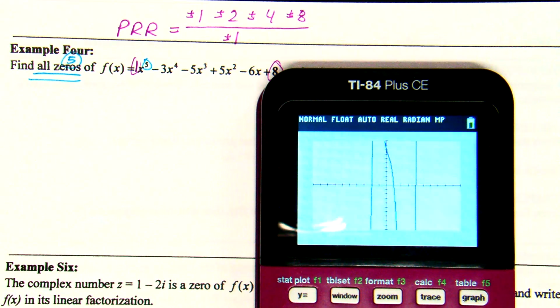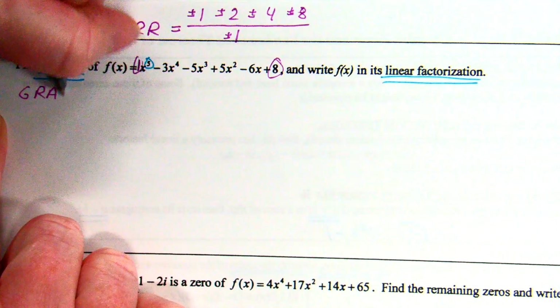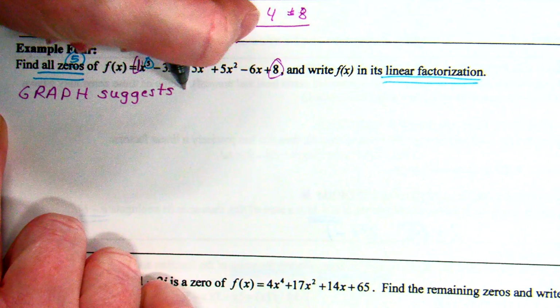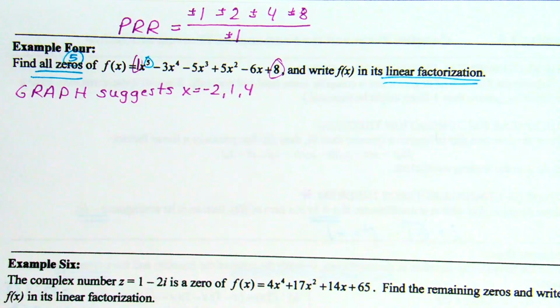We're going to have a pair of imaginary ones. Remember, irrationals occur in pairs, imaginaries occur in pairs. So I'm going to write down the fact that the graph suggests x equals -2, 1, and 4.